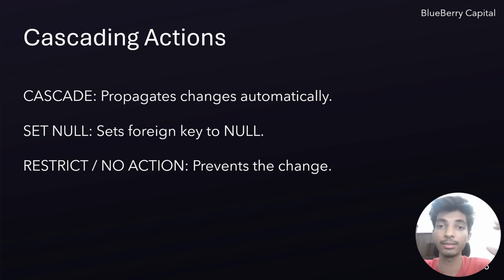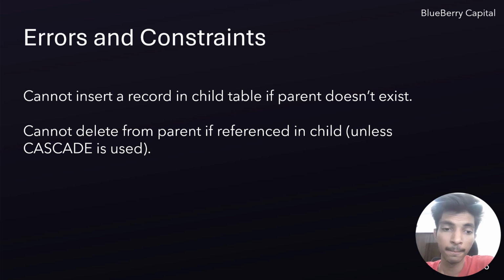Because that is the whole agenda of using foreign keys, and that is to maintain the referential integrity of the whole system. So if I'm deleting a record which contains the primary key, then whatever foreign keys are referencing that primary key should also be deleted at the same time.